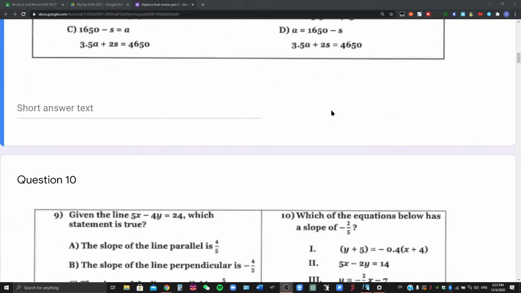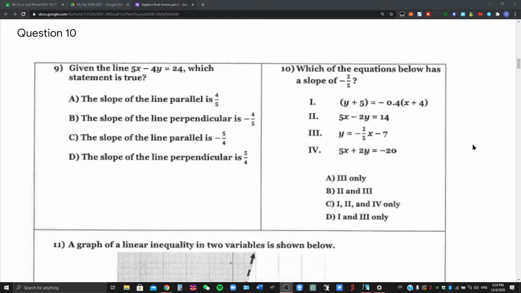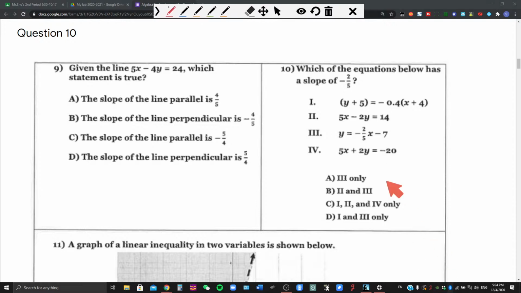Okay, let's go on to question 10. Which of the equations below has a slope of negative 2 over 5? So again, this is a test of how to find out the slope in different scenarios. Let's look at the first. y plus 5 equals negative 0.4 times (x plus 4).